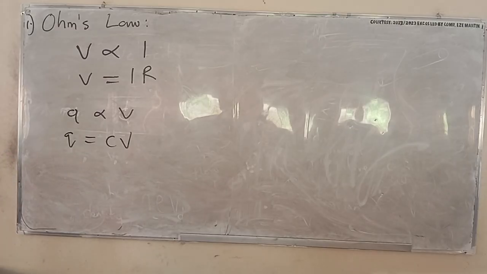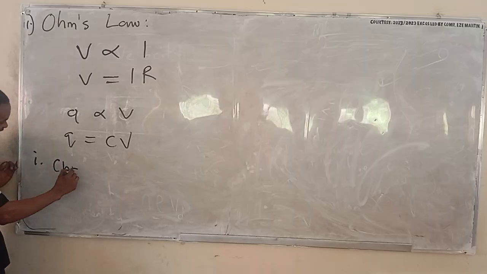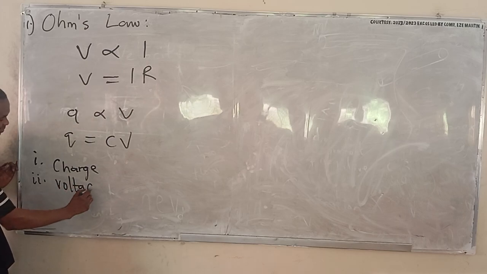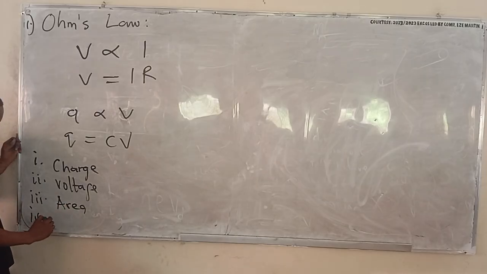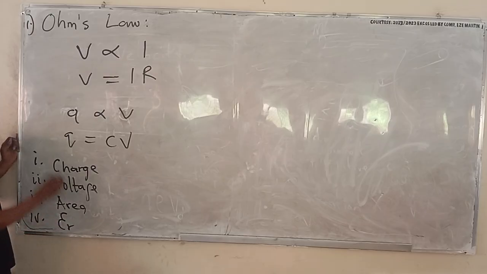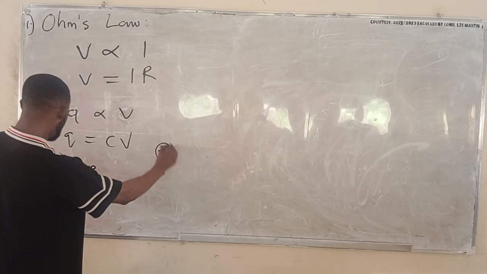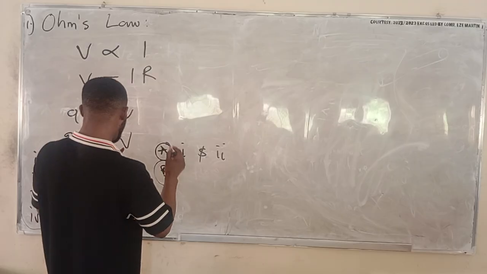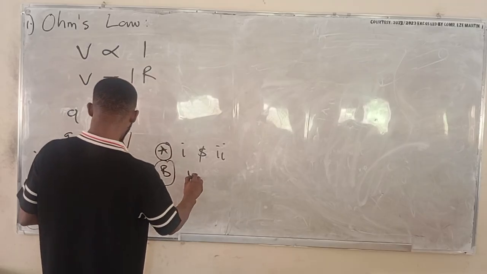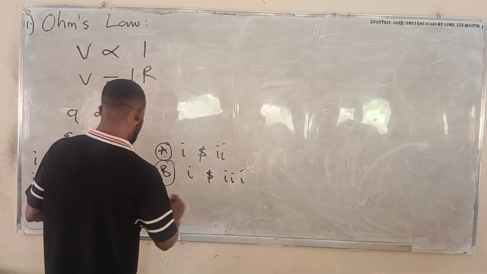Then they say I is charge, II is voltage, III is area, IV is dielectric constant, that is epsilon r or K. Now you come and see option A, I and II. Option B, I and III. Option C.